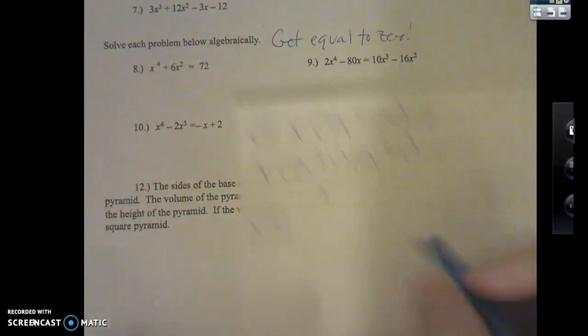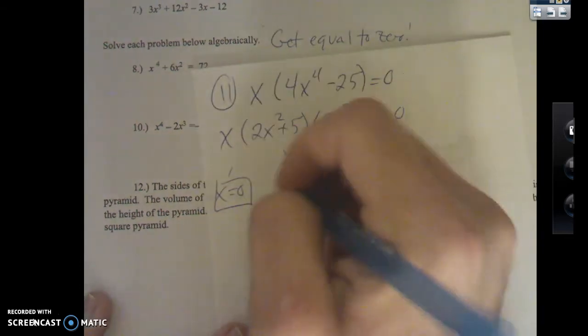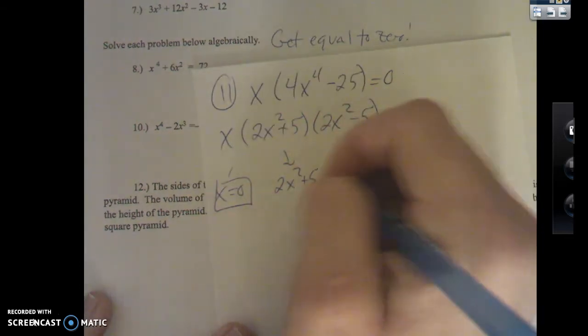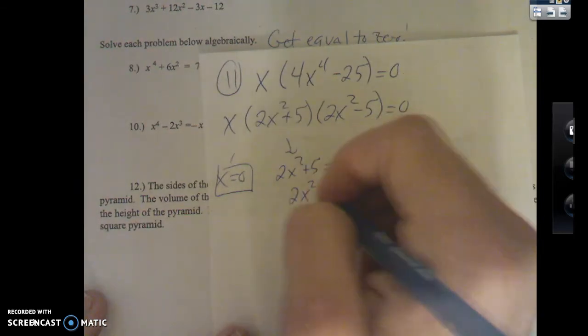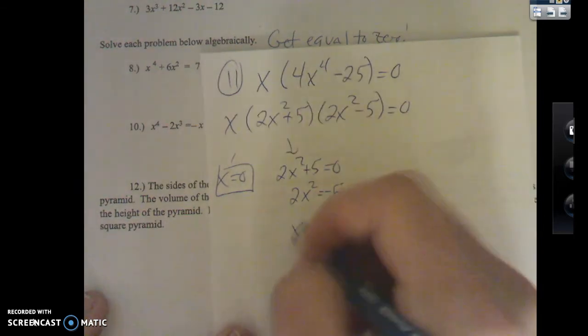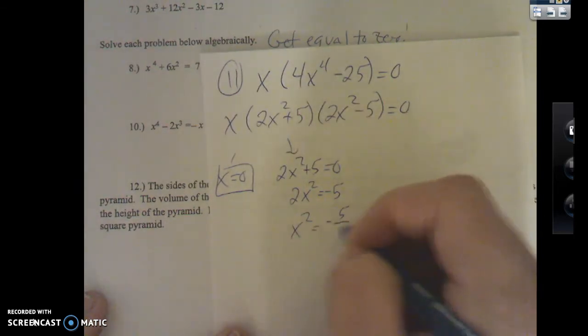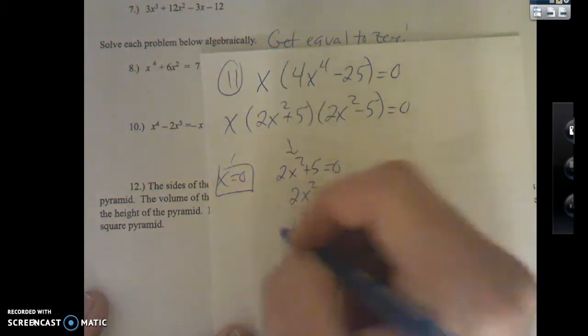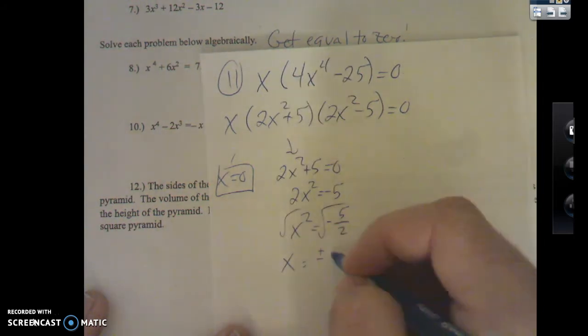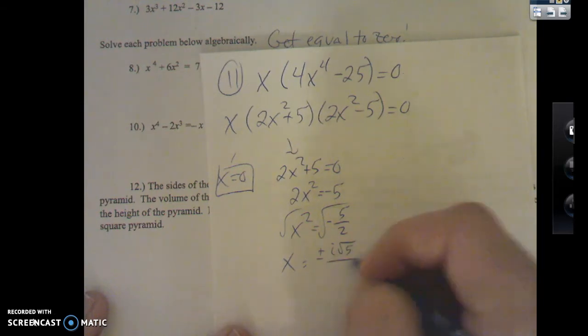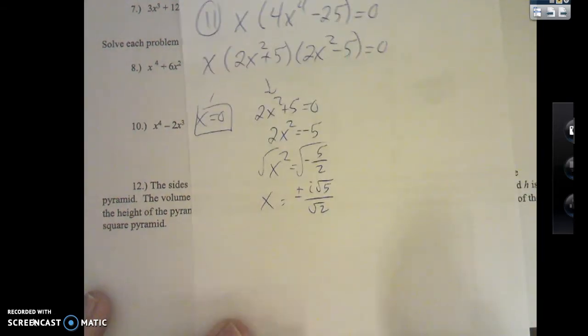Alright. Here it gets a little tougher. 2x squared plus 5 equals 0. Bear with me. Subtract the 5 over. Divide by 2. So now I have negative 5 over 2. If I square root both sides, I'm going to get plus or minus i root 5 over root 2. Now, this is going back a ways, but you guys got to start getting good at this.